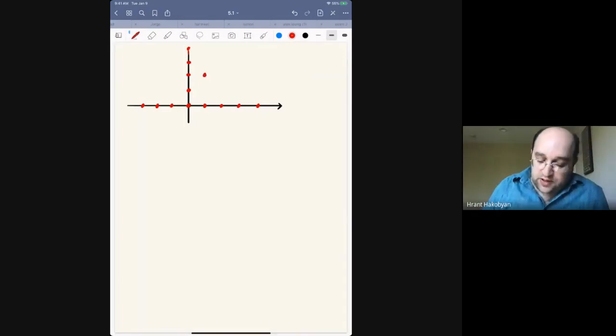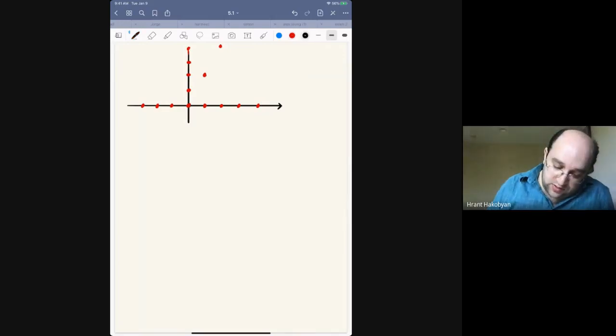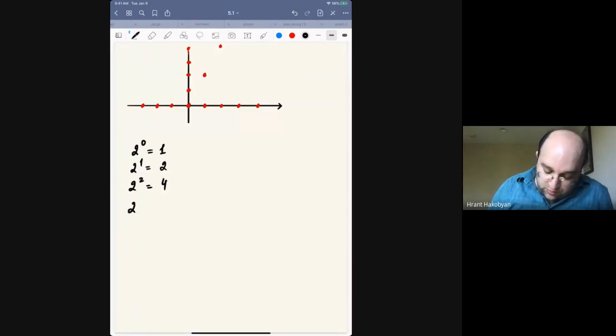At 2, it's equal to 4. Let me write that down again. 2 to the power 0 is equal to 1, 2 to the power 1 is 2, 2 to the power 2 is 4, and 2 to the power 3 is 8.